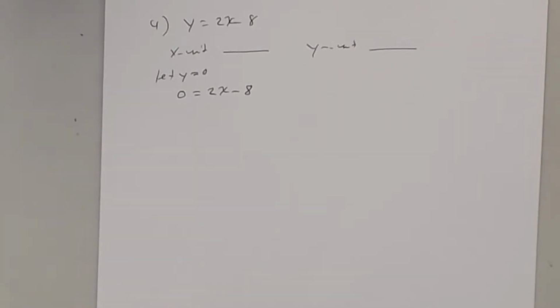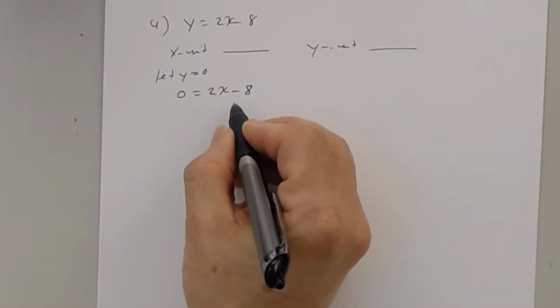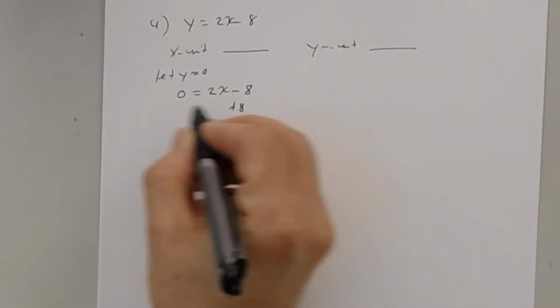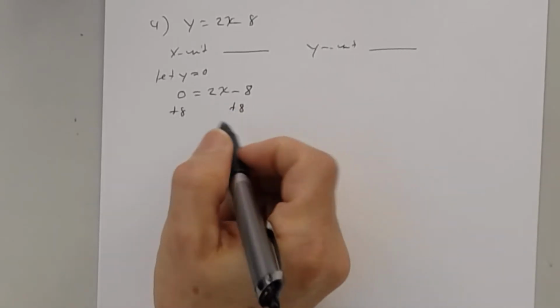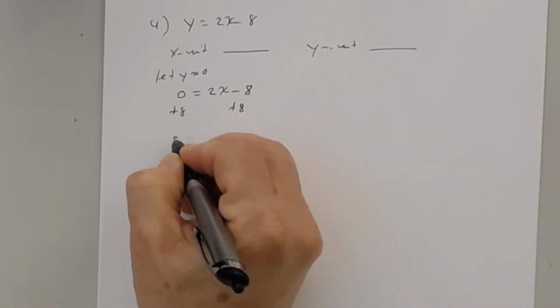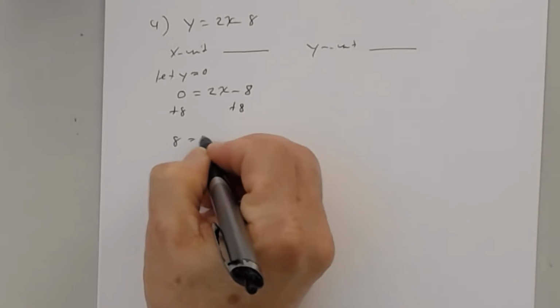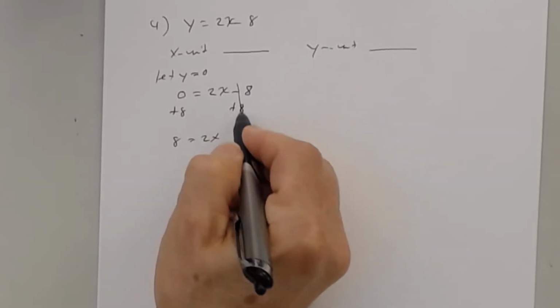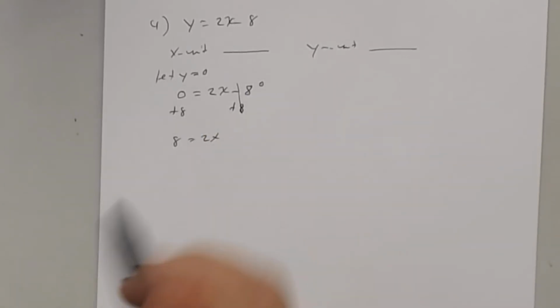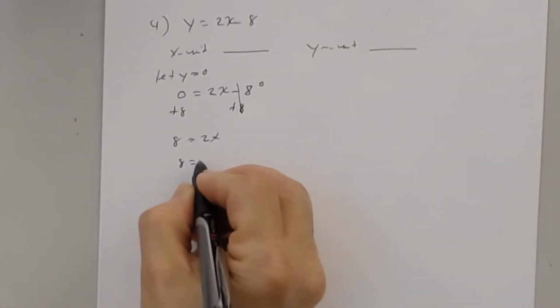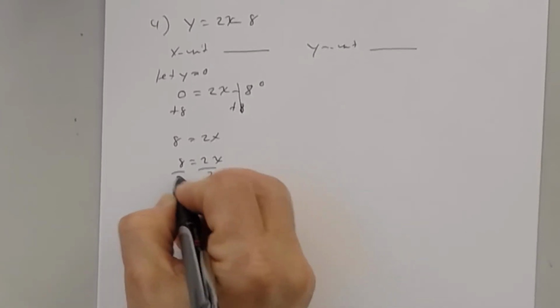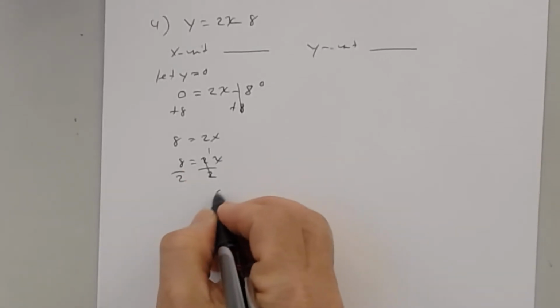Get x by itself. Add 8 to both sides. 0 plus 8 is 8. Negative 8 plus 8 is 0, so you get just 2x. Then divide both sides by 2, and I found my x-intercept.